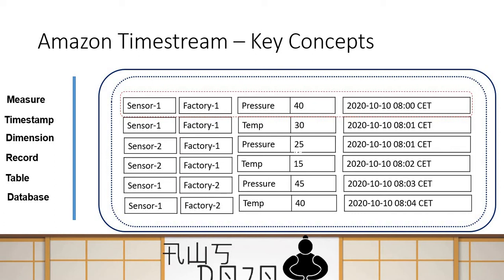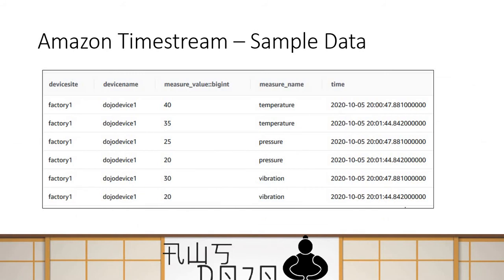Okay, so moving on. Just to give an example, here's an example from the exercise or workshop we are going to do today in aws-dojo.com. You can see here we're talking about a factory which has a device, and it is sending this measurement value, and here is the measurement name, like temperature, pressure, vibration, things like that.